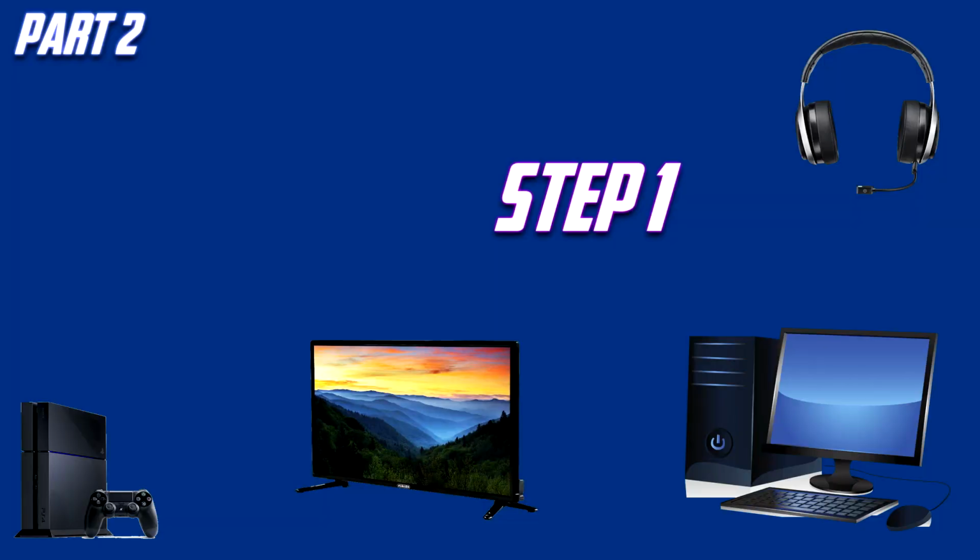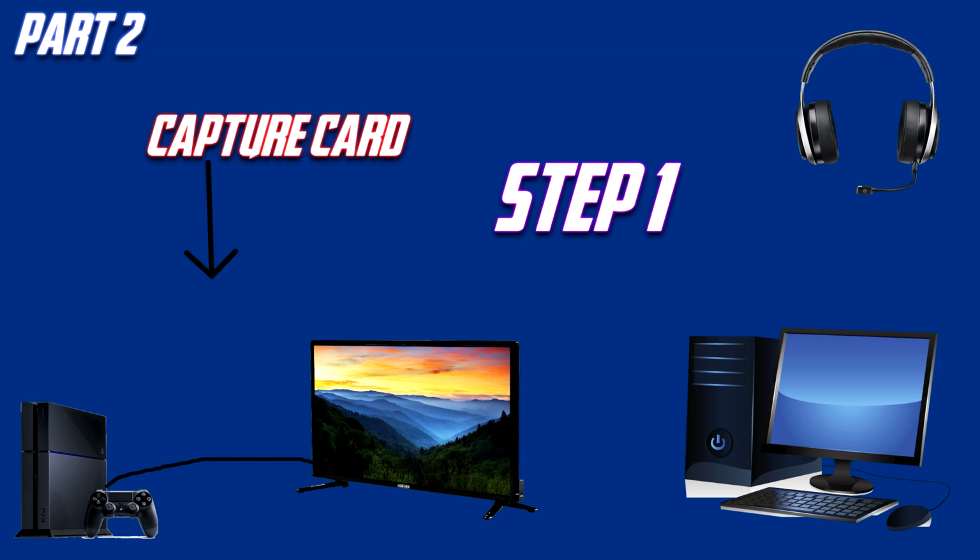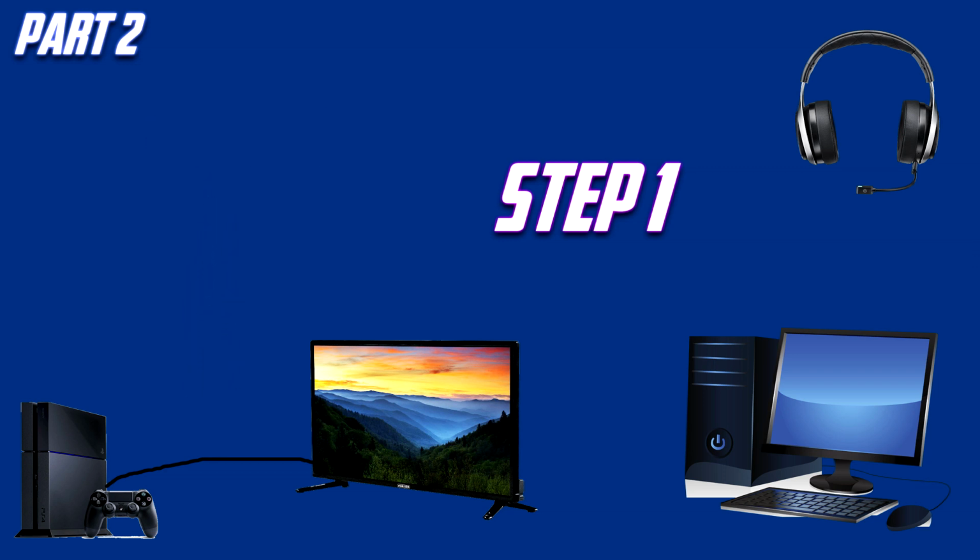Okay, moving on to part 2, where there is 5 easy steps. Step 1. Make sure your console is plugged into your TV just like normal. Note, if you are a streamer, then set it up like you normally would to be streaming with your capture card connected between your console and your TV. At this point, all audio should still be coming from your TV or normal sound device.